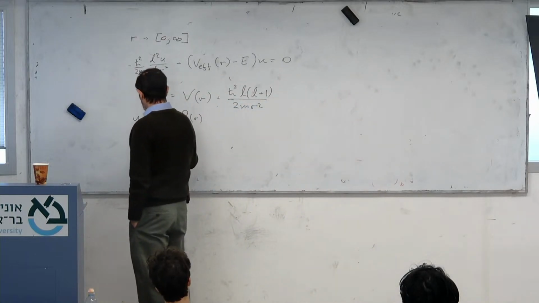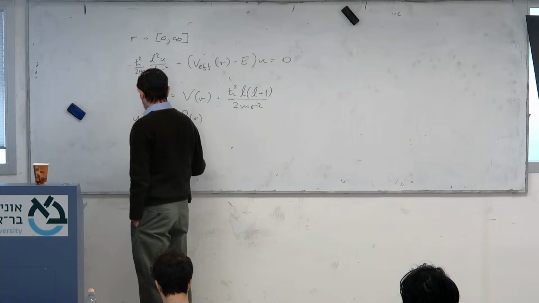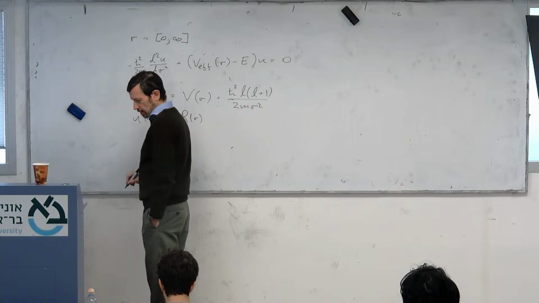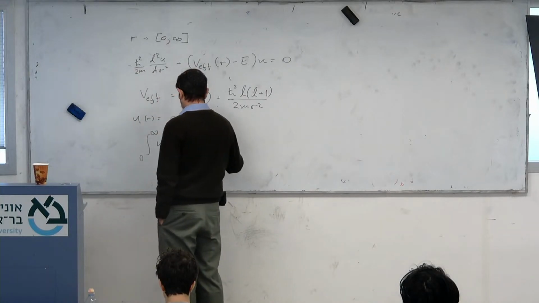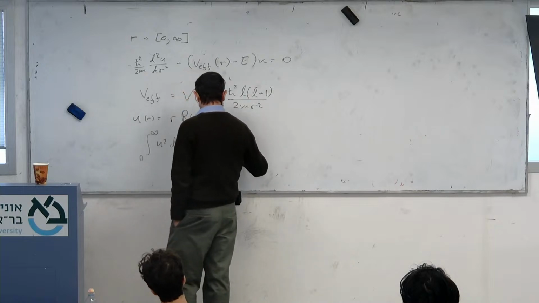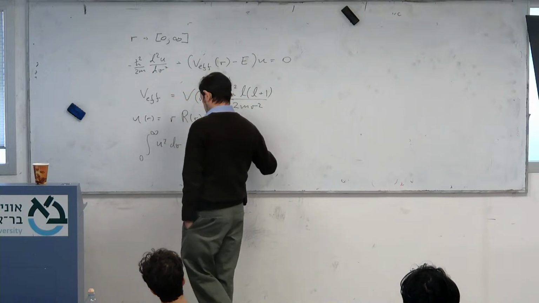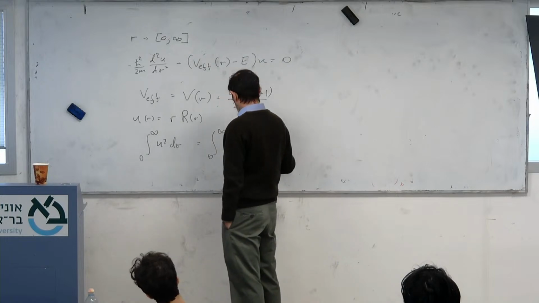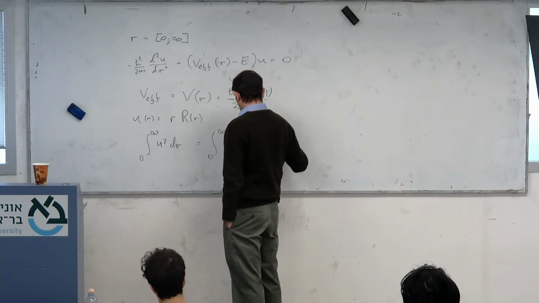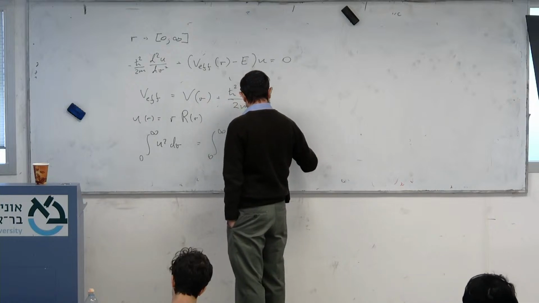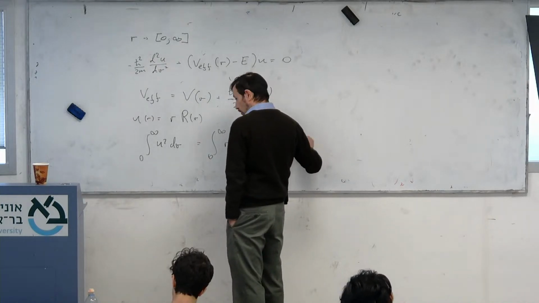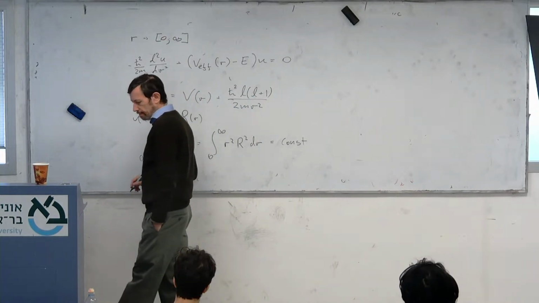Meaning that the integral from 0 to infinity of u squared dr equals 1 if you want.